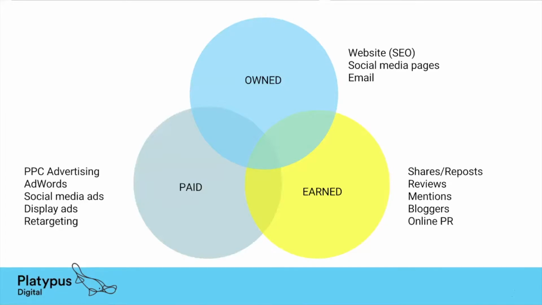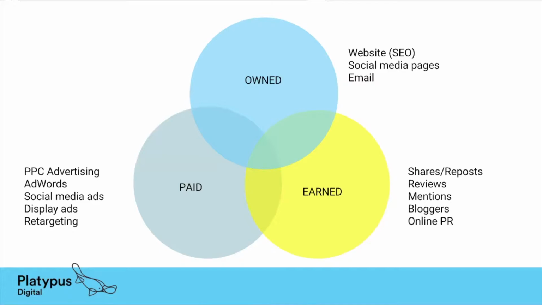So the different types of media that you might see involved in multi-channel integrated campaigns would be paid media, owned media, and earned media. Paid media, as the name suggests, is media that you pay for. Owned media is the platforms that you own yourselves, and earned media is coverage that you earn by virtue of how popular and how interesting your campaign actually is.